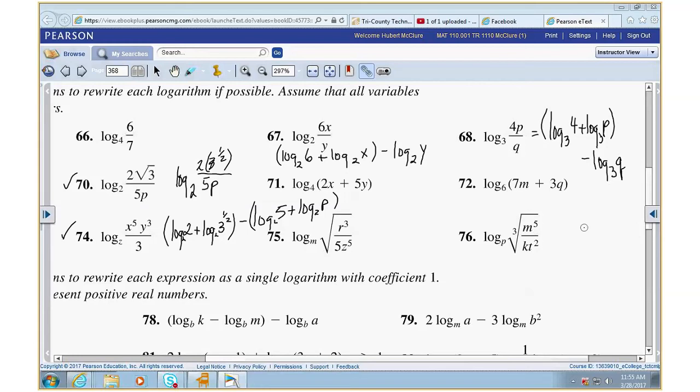Now there's two things that can be done. What are they? Power rule, right here. Log base 2 of 2 plus 1/2 log base 2 of 3, and then minus all that other stuff. I'm just going to put parentheses and squiggles. That doesn't change.